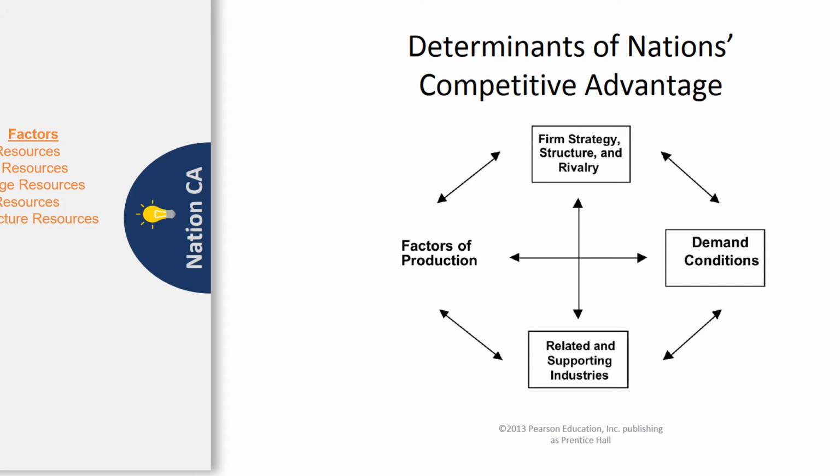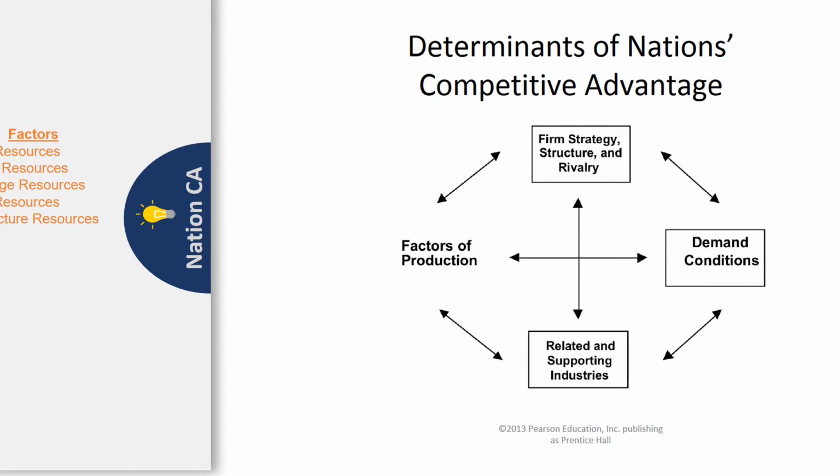So, according to the model, there are four factors that determine national competitive advantage. Porter represented these four determinants as a diamond, as you can see in the diagram. You can think of the four determinants as being the playing field for the industries of a particular nation.